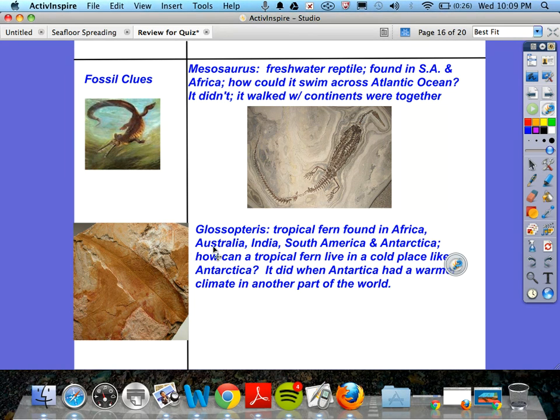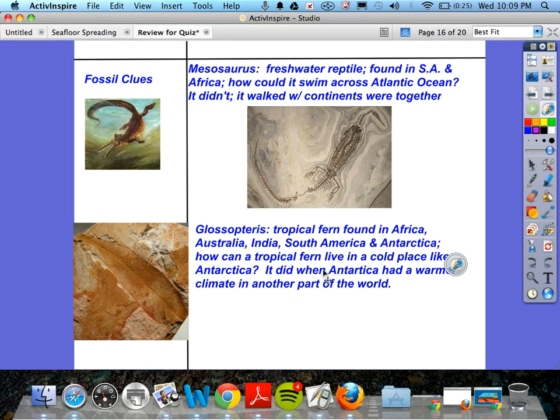A second fossil evidence was the fossil of a tropical plant called Glossopteris. This tropical fern was found in Africa, Australia, India, South America, and Antarctica. But we know that Africa, Australia, India, and South America could have some sort of warmer climate. However, Antarctica no longer does.